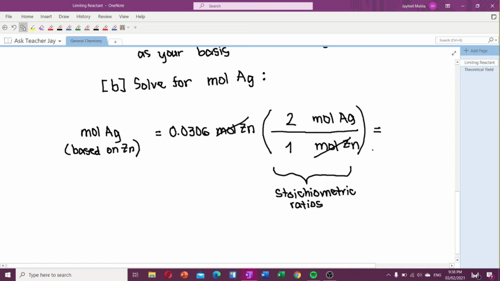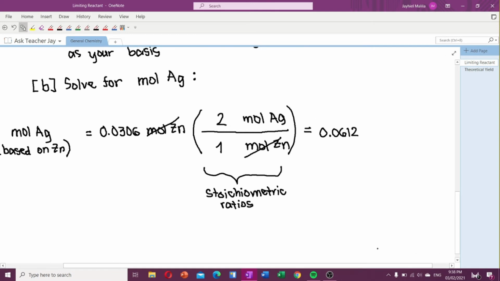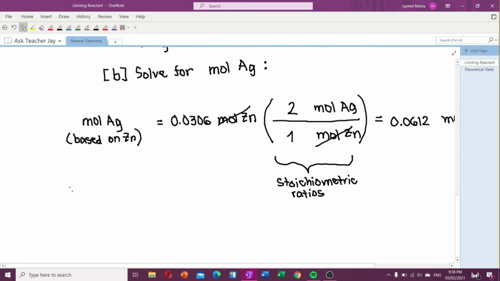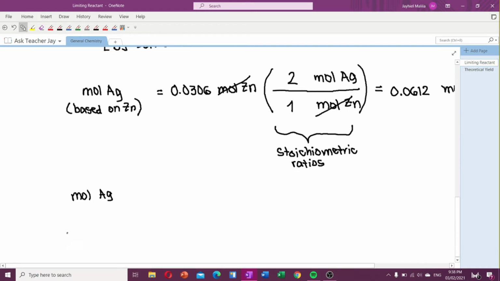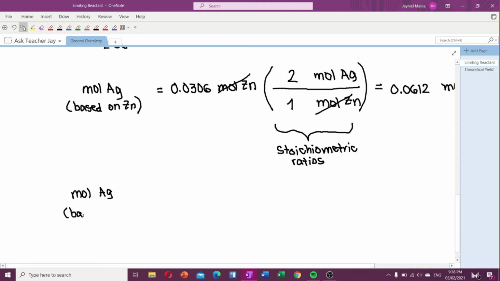You can pause the video to solve on your own. So the answer for this one is 0.0612 moles of Ag. Let's solve again for the moles of Ag, but this time we are going to base it on the amount of AgNO3 that is present, or the amount of silver nitrate.